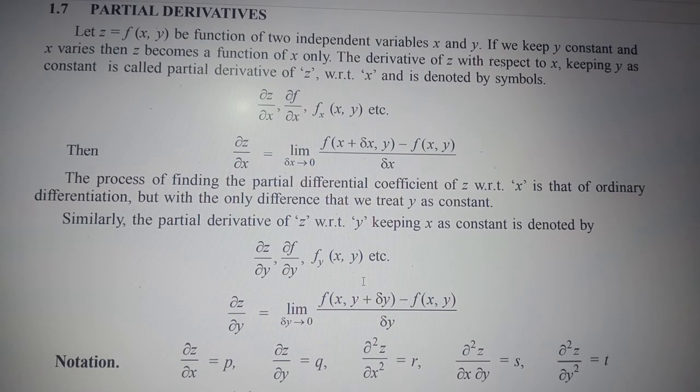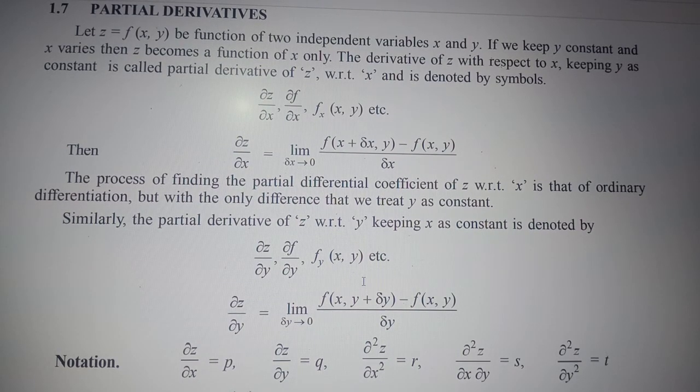So, what do you mean by partial derivative? We are keeping a variable as a constant and we are checking the derivative of the function with respect to one variable. So dou z by dou x, dou f by dou x, fx are the representations of these partial derivatives.